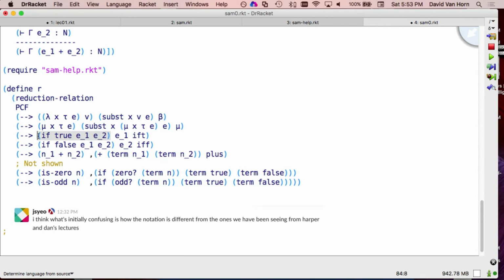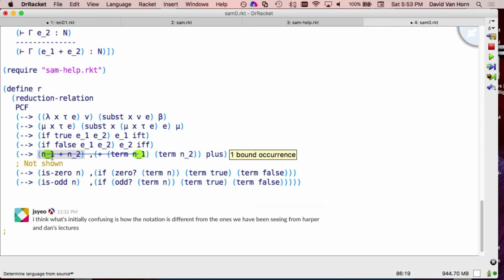Here are the rules for if. So if true, then you get E1. If false, you get E2. And then here, this is something that Sam spent a little bit of time on because it was totally confusing on the board, but it's completely clear here in the code, about font changes and things like that, right?